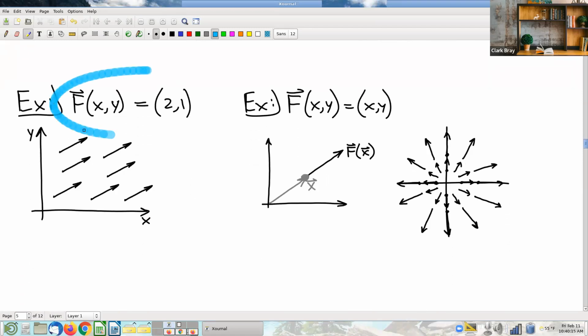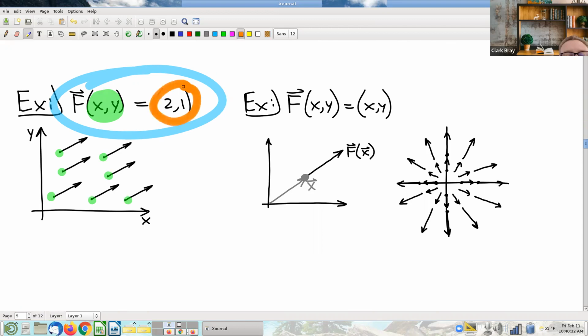This first one is just kind of an easy example. This is a constant vector field, and notice that at every point x comma y, and keep in mind the input represents points, at every point we have the same field vector. The value of the vector field is always the same vector, 2, 1.